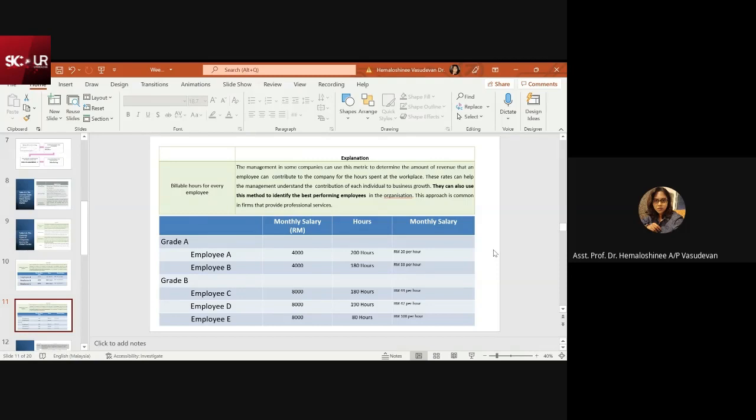So you can see grade A, the people who are working high hours but getting very low pay, the task is not as difficult as that faced by employee C. Okay, so hours are hours, but we have to see the tasks that are given to them. They have to use their skills and competency to get the company growth.